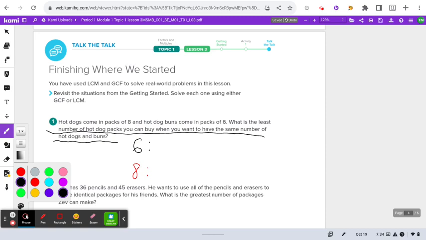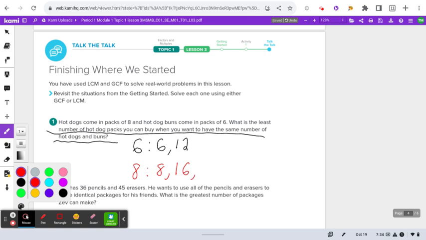So I would go 6 times 1. Now, of course, you can do this mental math, but if you want to make certain you're getting the least common multiple, you can also do it this way. So 6 times 1, 6 times 2, 8 times 1, 8 times 2. So far, no common multiples yet.